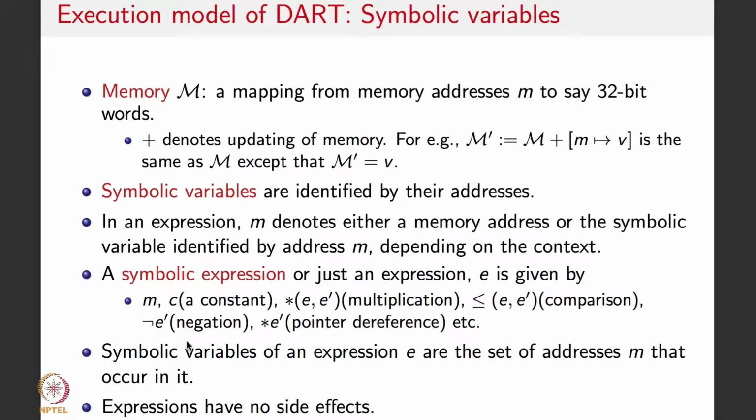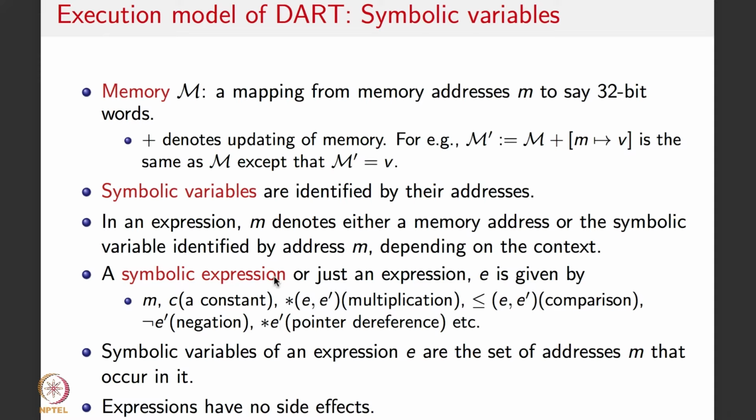Again, this not e prime, negation of e prime, is to be interpreted as representing one instance of a logical operator, and can be substituted with any logical operator. Because we are using it for C, we also work with pointers. So star e prime, this star is a binary star which is multiplication, while this star is a unary star which refers to pointer dereferencing.